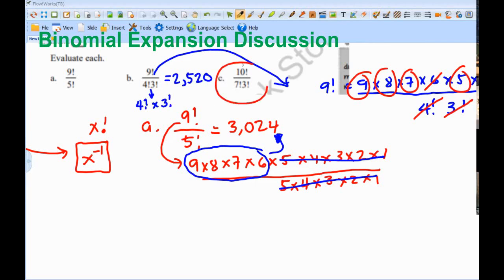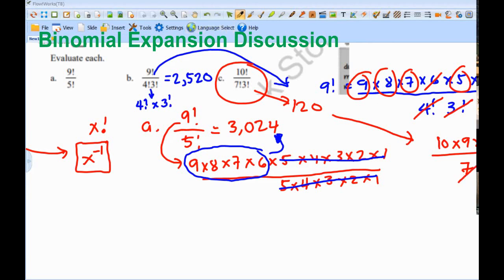Same as with letter C. So letter C, the answer: 10 shift factorial over 7 factorial times 3 factorial. It's 120. Okay, so this can be written as 10 times 9 times 8 times 7 factorial. Stop there because there is 7 factorial and 3 factorial.